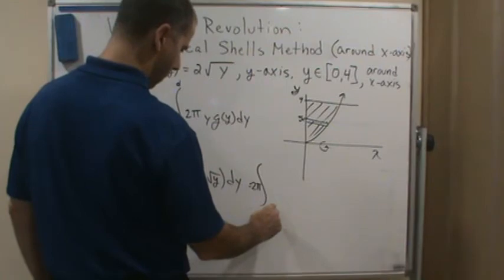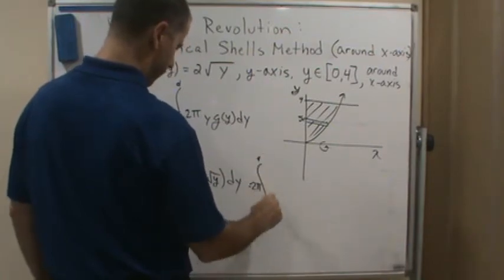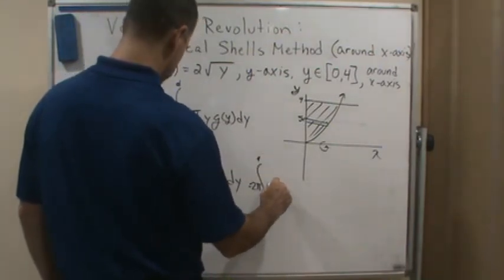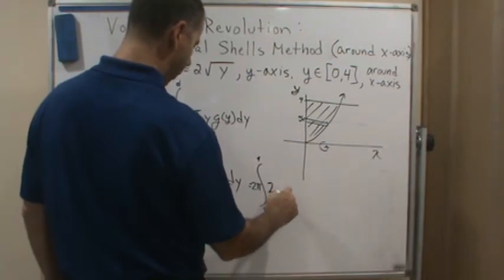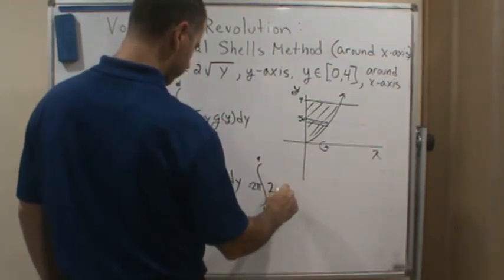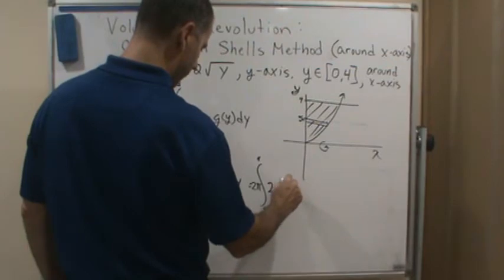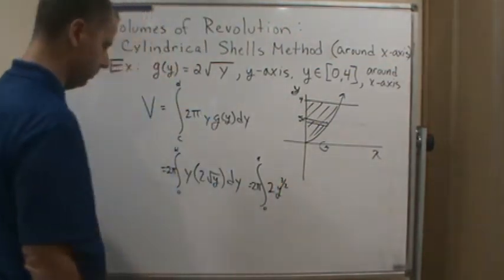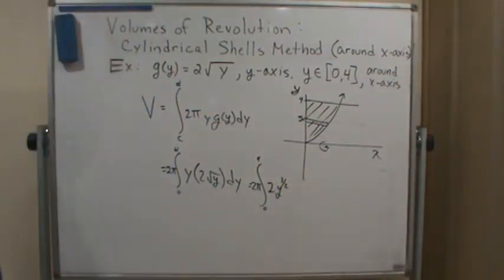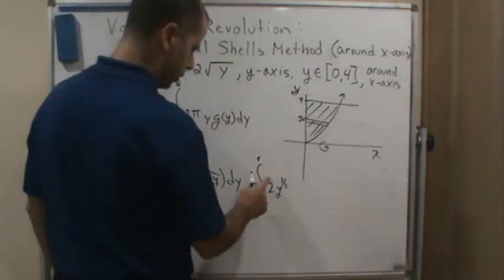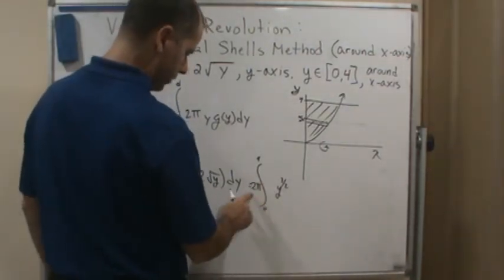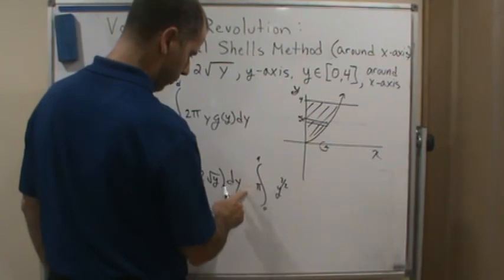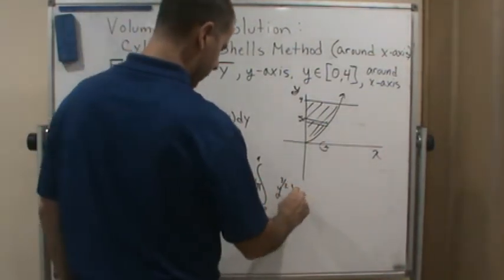2 pi from 0 to 4 of 2 y to the 3/2. Okay, and then of course we could pull the 2 out, and so we get 2 times 2, which is 4, so this will be 4 pi dy.